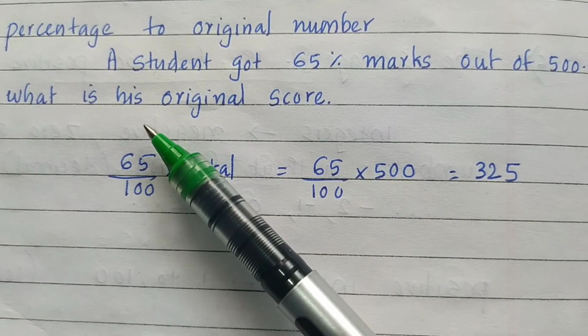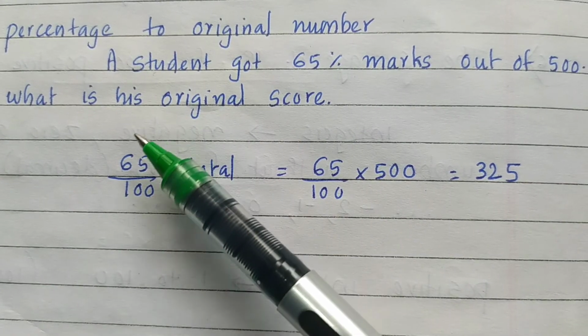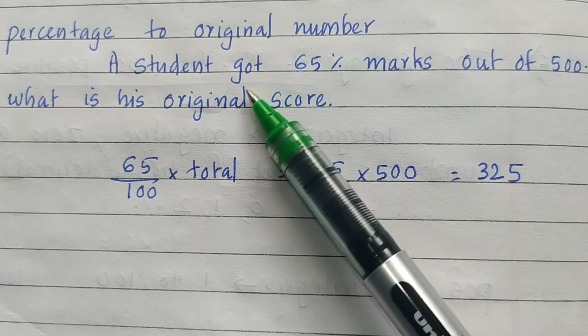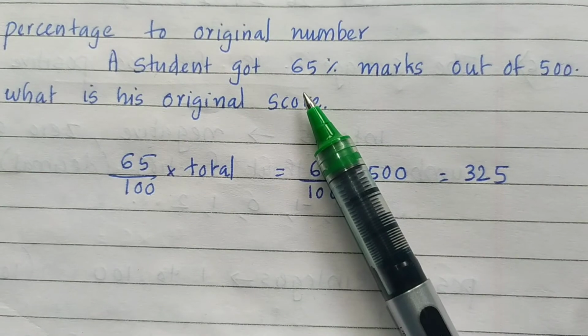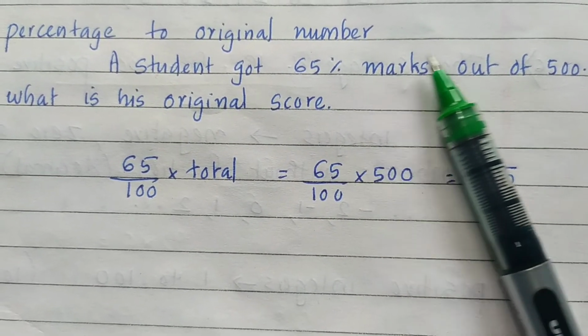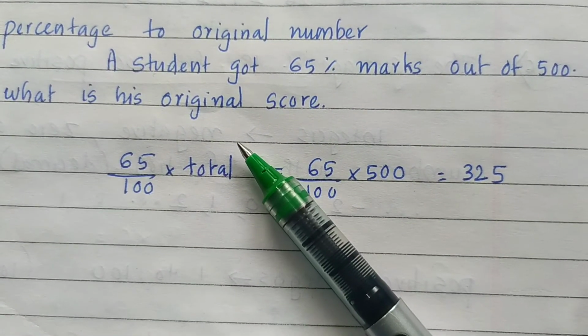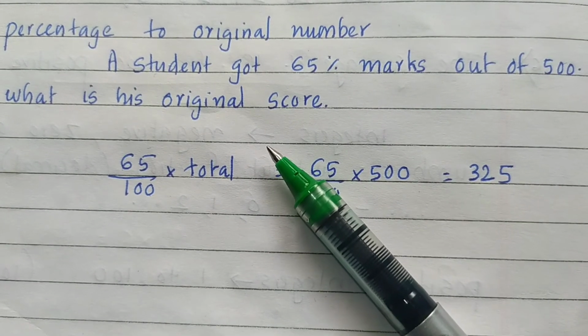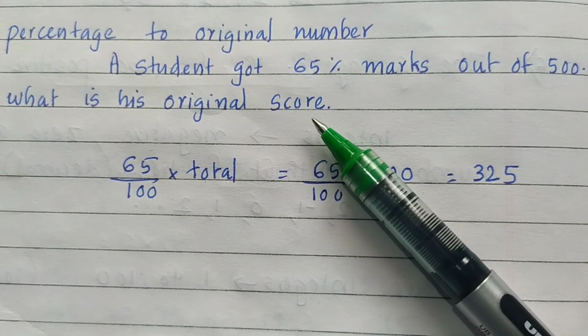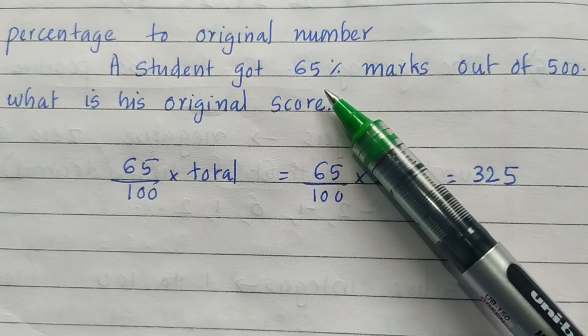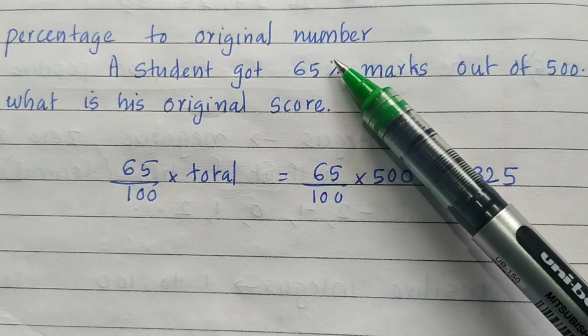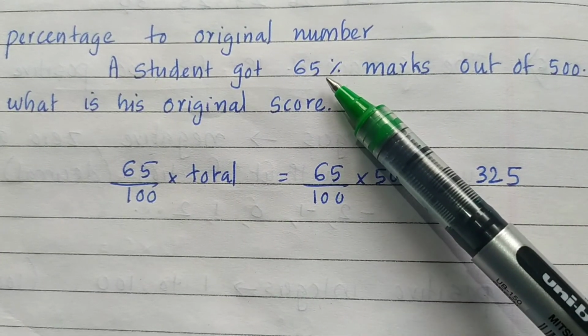So the next question is how to convert percentage to original number. We are given the percentage and the total mark is also given. So how do we convert the percentage into the original number? 65%. Percent we have already seen means per 100.